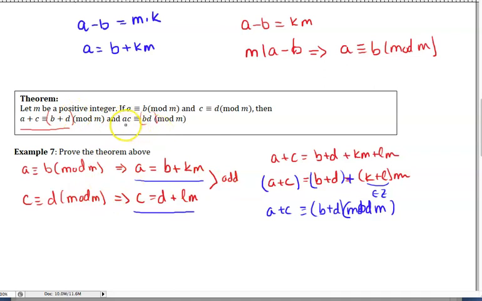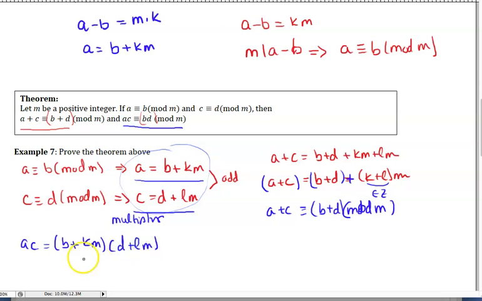All right, now for the multiplication one. To prove the multiplication, we basically go back to this. The congruencies get changed into these equations, and now we're going to multiply them. So a times c is b plus km times d plus lm.